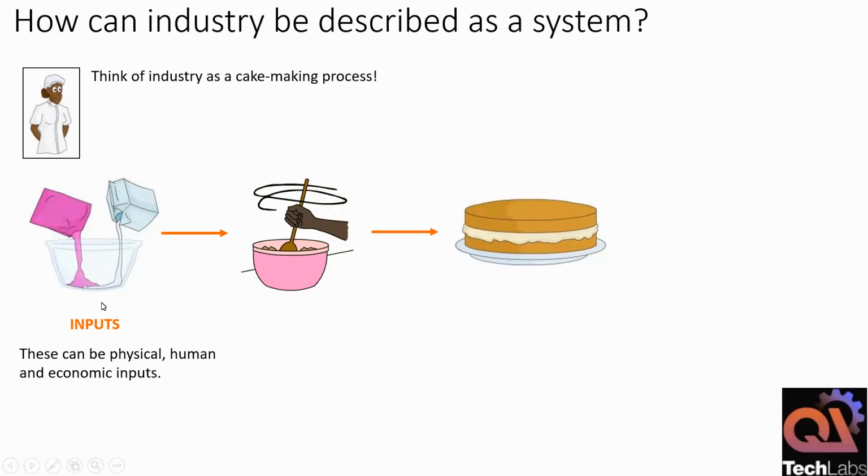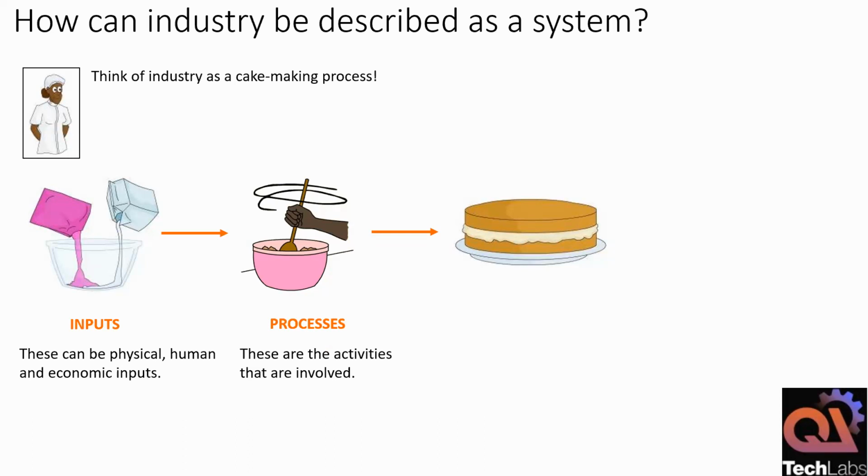For cake, you need inputs, right? You might need physical input, you might need human input, and you need economic input. That means you need money to bring materials. You need money for renting a space where you can prepare cake. You need to pay the electricity bill. You need to pay the water bill. So these are all the economic activities or economic inputs. So the inputs are physical, human, economic.